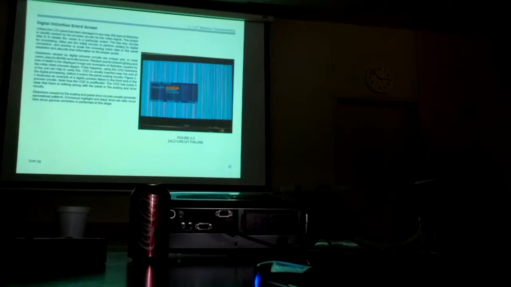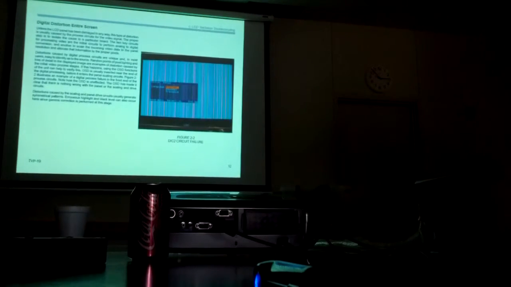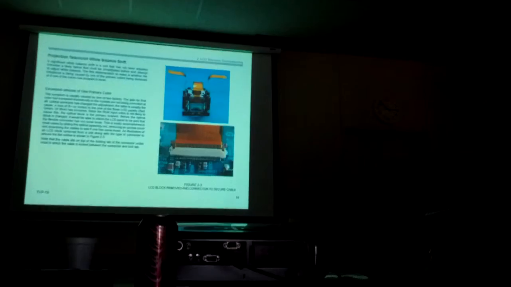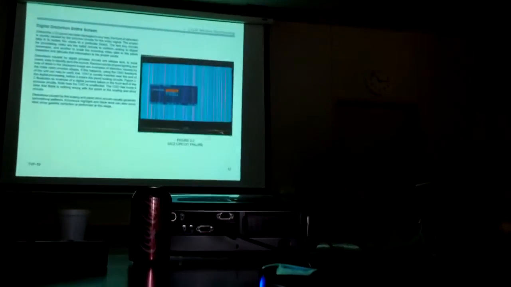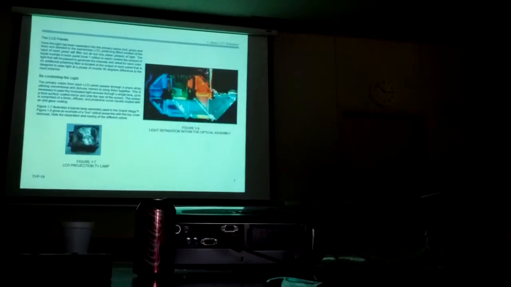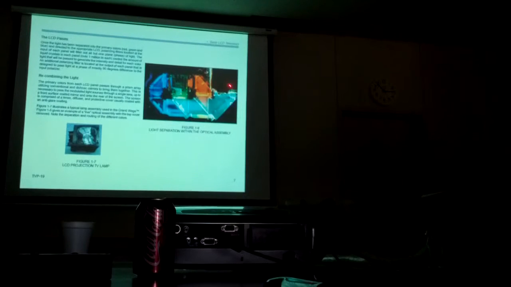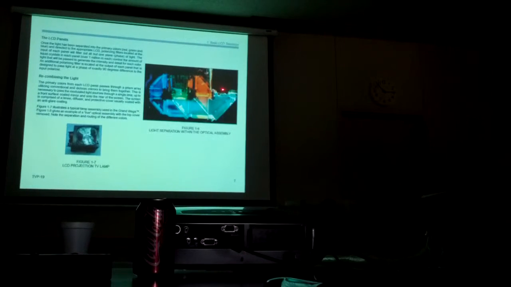And what's kind of interesting is if you put a thermal probe in the lamp compartment, and put a thermal probe here and here, the hottest parts are at the LCDs, because the light is concentrated.